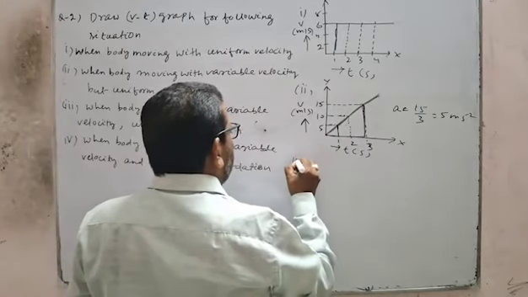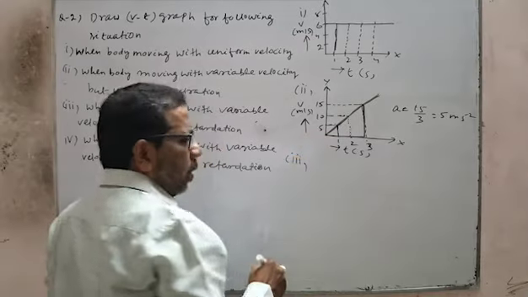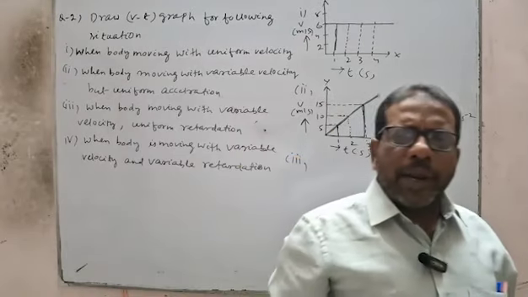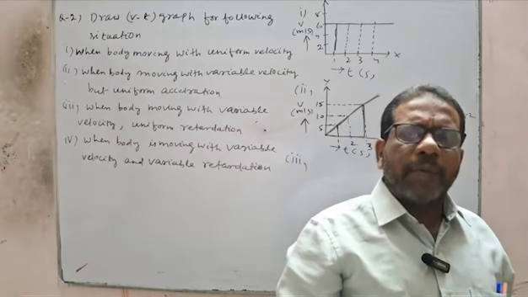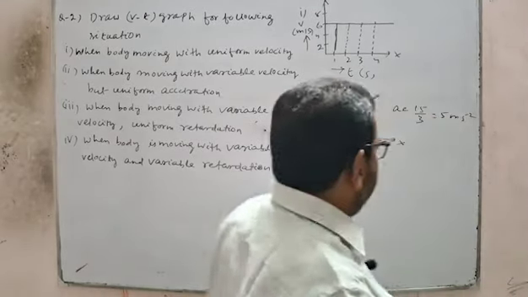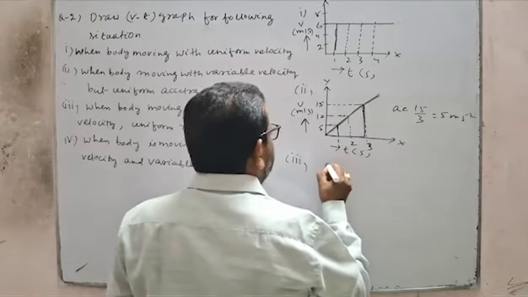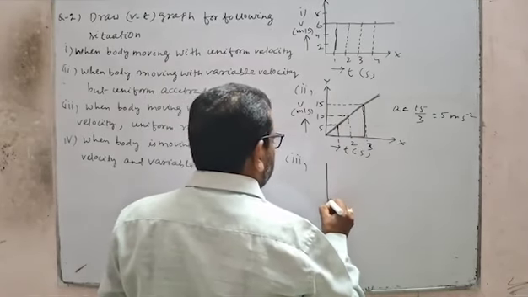Now, we will go to the third question. What is given? Body moving with variable velocity but uniform retardation. Variable velocity, uniform retardation.